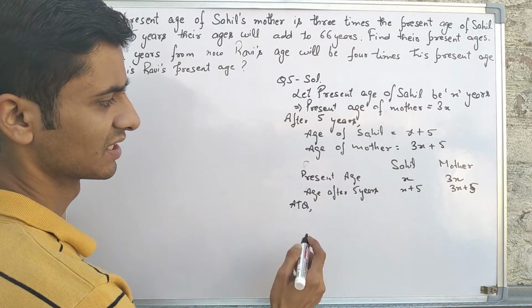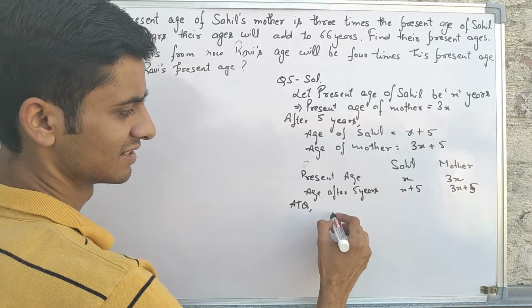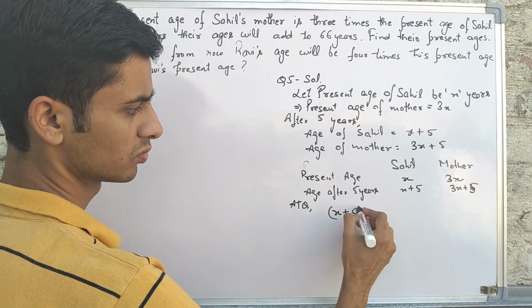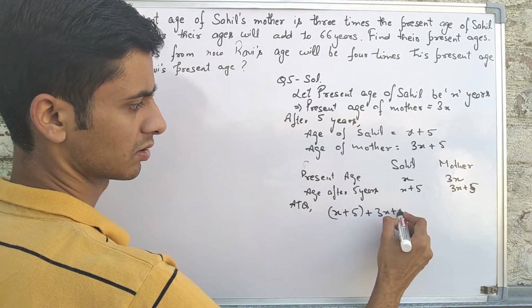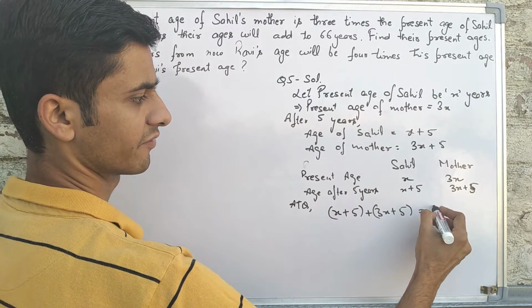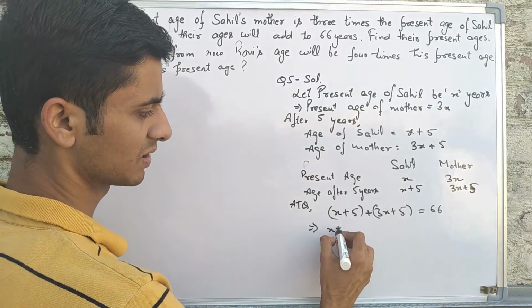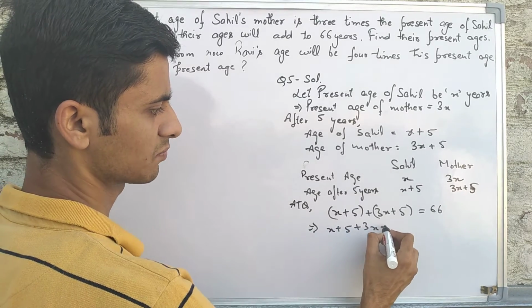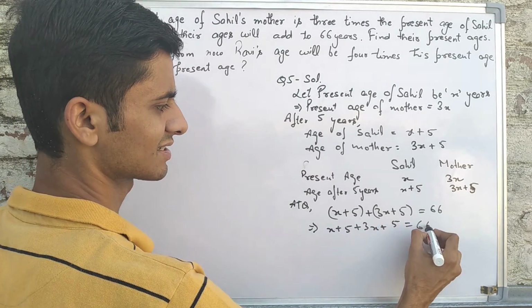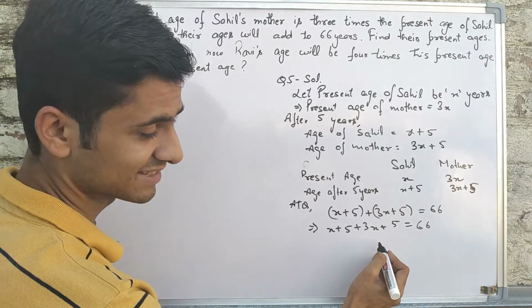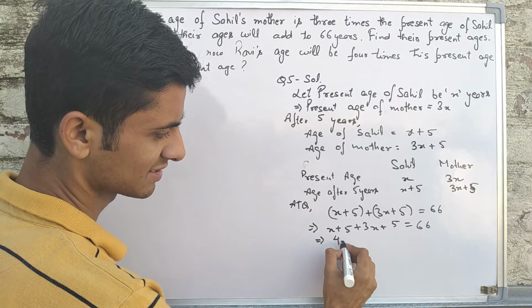And what is given, after 5 years their ages will add to 66 years. According to the question, their ages after 5 years add up to 66. So let us solve it. x plus 5 plus 3x plus 5 equal to 66. x and 3x can be added, it will become 4x.